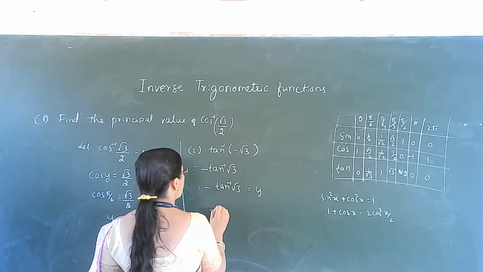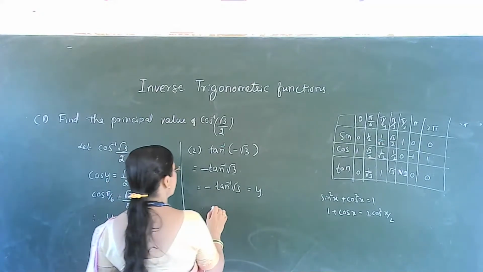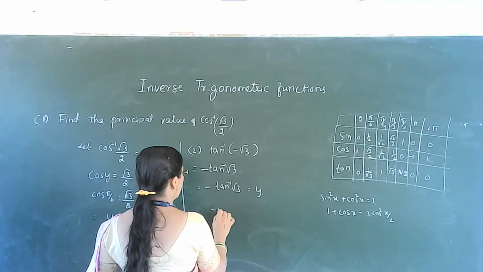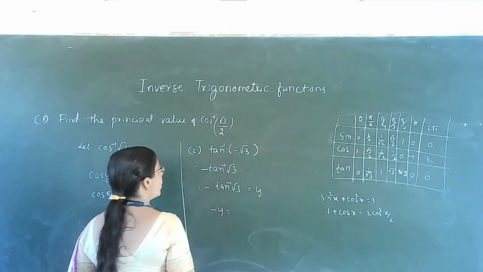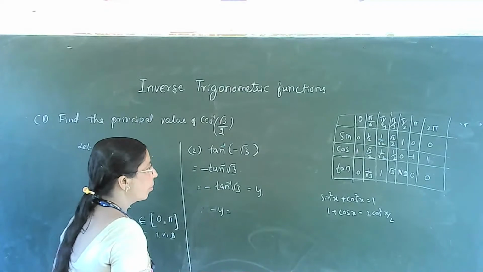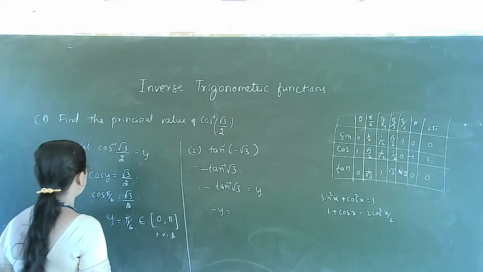Therefore, minus y is equal to tan inverse root 3. Root 3 is which one? Root 3 is tan π by 3.